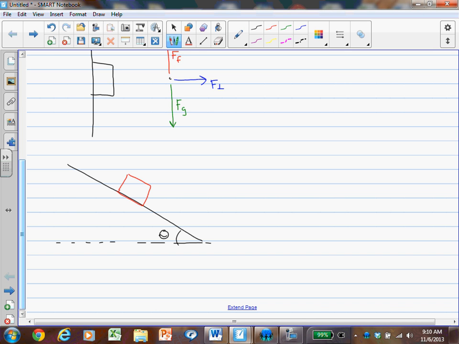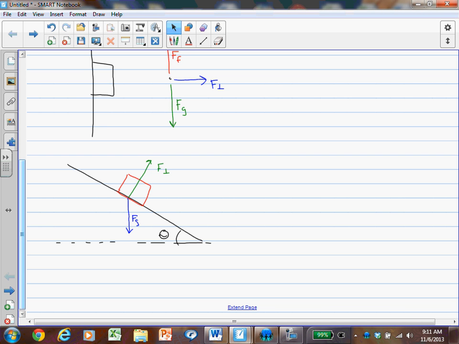In this case, the Fg would be down towards the center of the Earth, and the F perpendicular would be up like that. Now, let's see if we can figure out what the formula is for this F perpendicular force based on our Fg and the angle of the ramp.